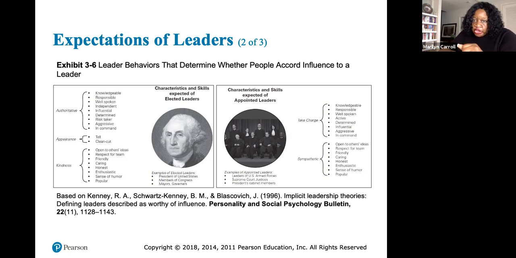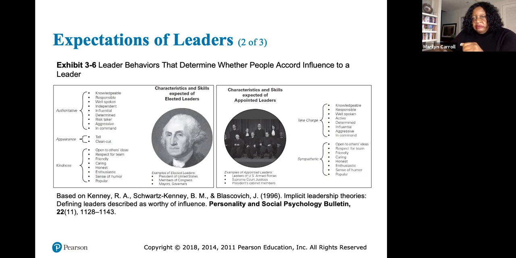So they take charge, systematic, open to others' ideas, respect for the team, friendly, caring, honest, enthusiastic, sense of humor, popular. Examples of appointed leaders include leaders of the U.S. Armed Forces, Supreme Court justices, and the president's cabinet members.